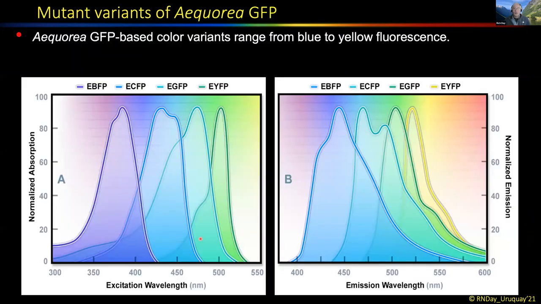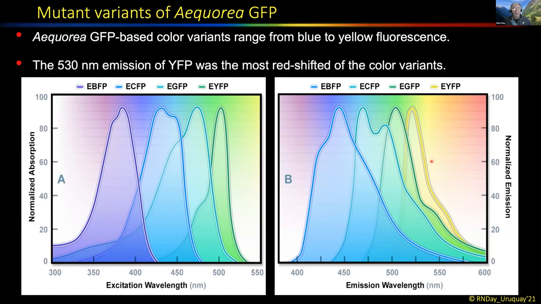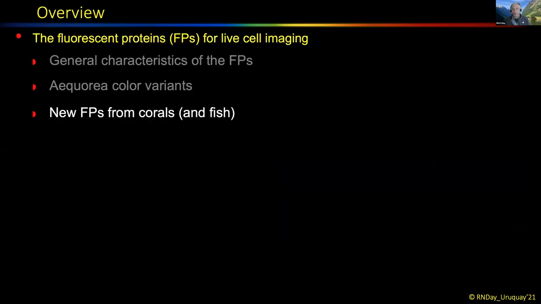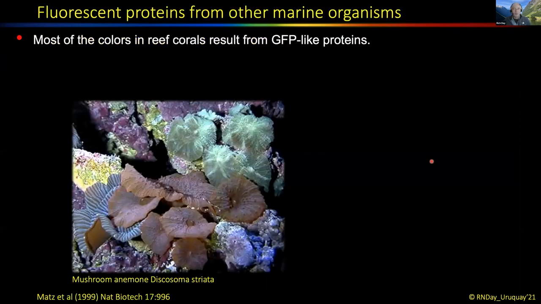So the Aquaria mutations generated, as I mentioned, blue, cyan, green, and yellow fluorescent proteins, but this was as far as investigators were able to get towards the red spectrum. So there was still a need for improved color variants. And so a number of investigators have been screening corals and fish and other marine organisms looking for novel fluorescent proteins.